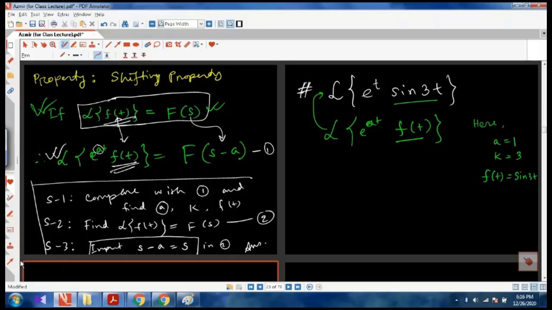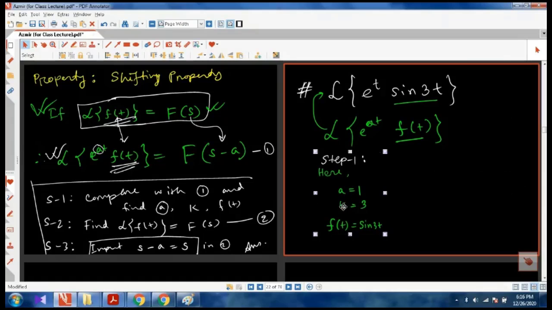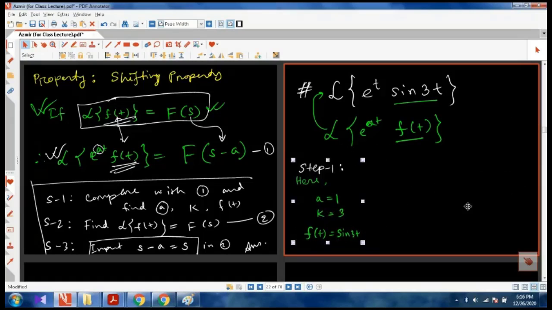Yes, sir. So our step 1 is done. We have found the value of a and what the function is. Let's go with step 2.